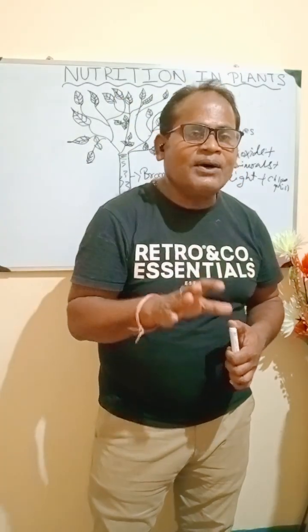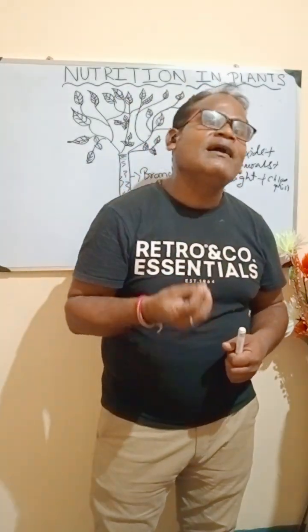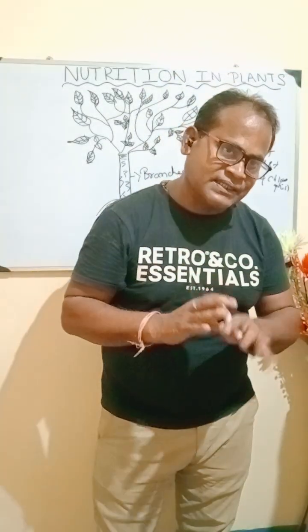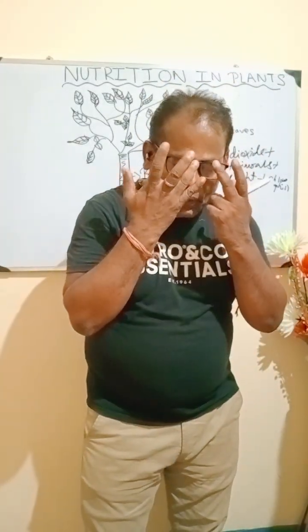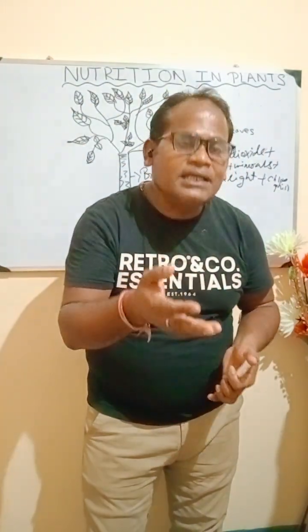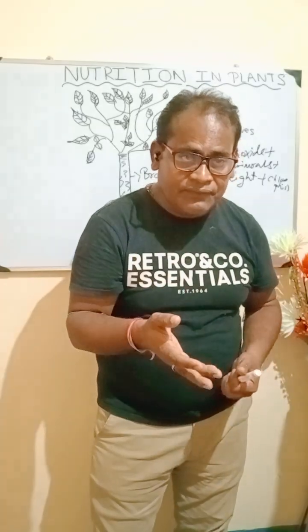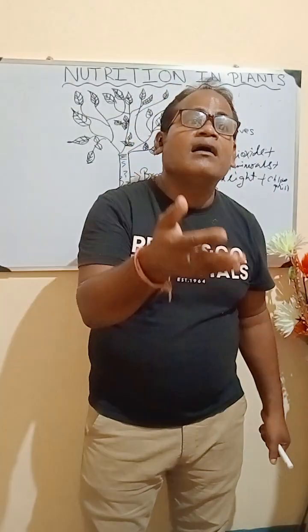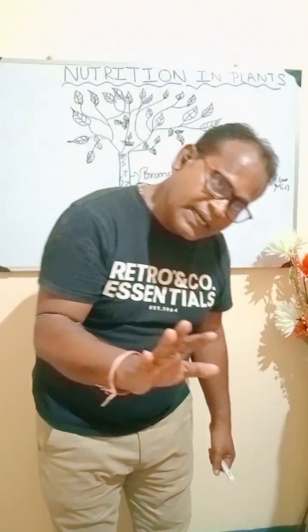This is how nitrogen enters the roots, and they reach the leaves for photosynthesis. I hope you have understood what is nutrition in plants. Nutrition is a process of obtaining food and its utilization in the body of the plants.